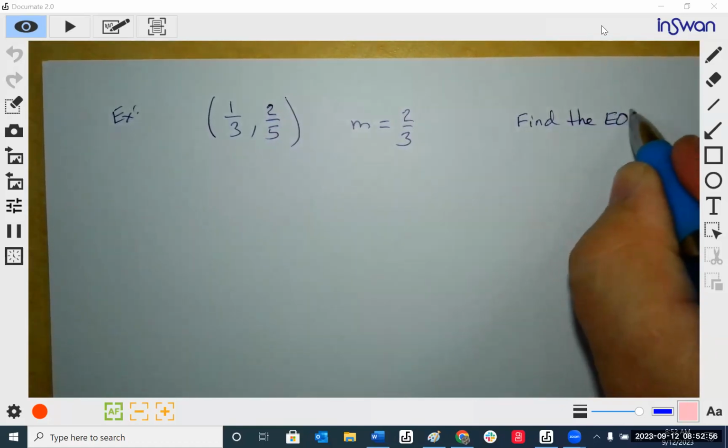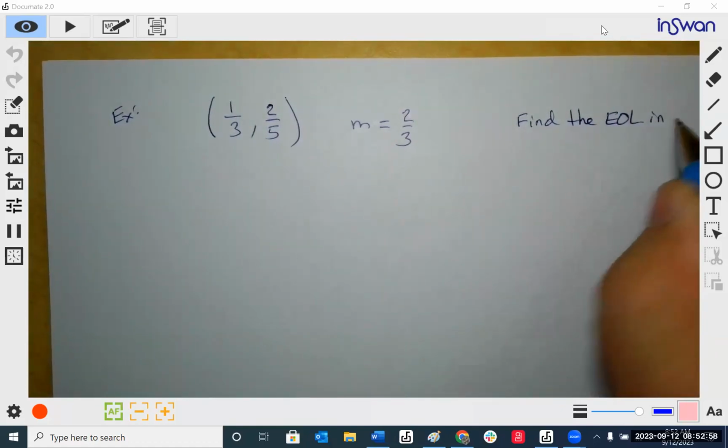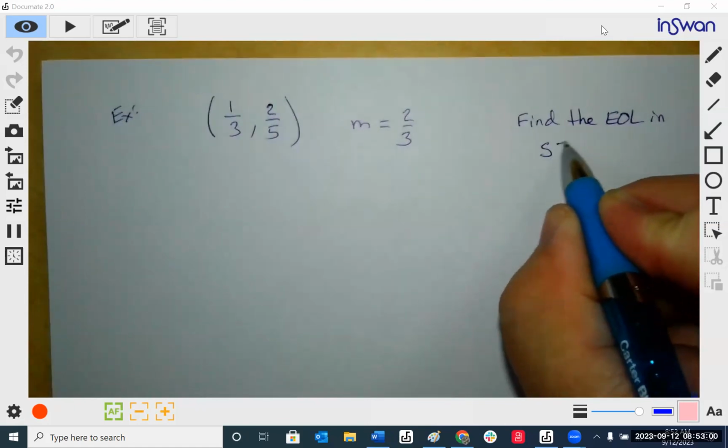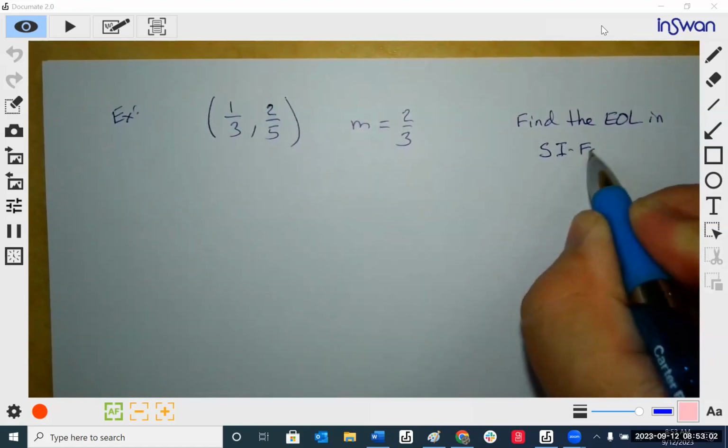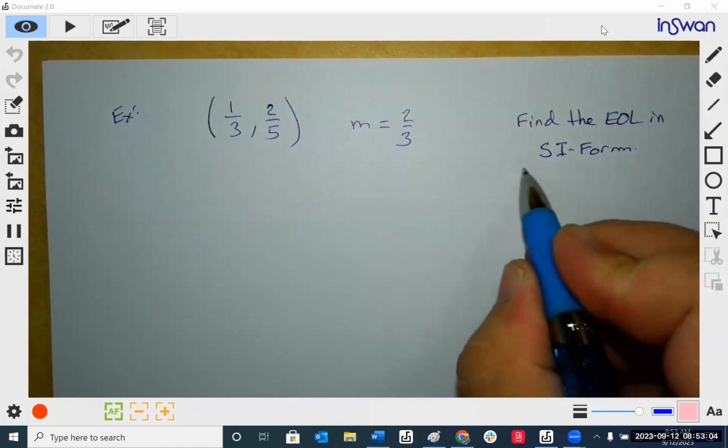Find the equation of the line in slope-intercept form.